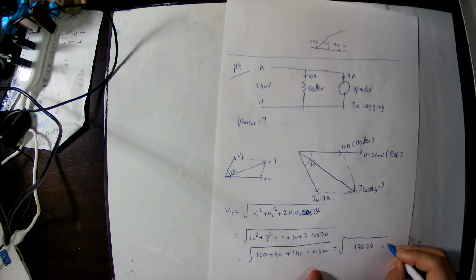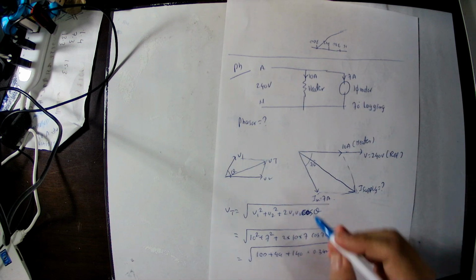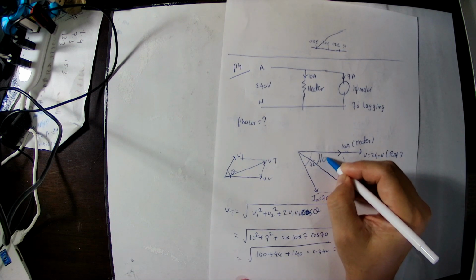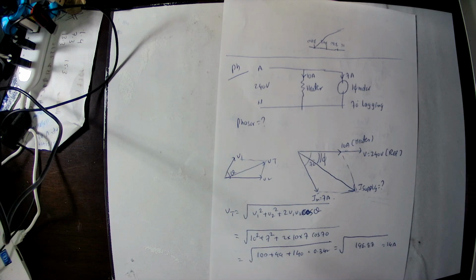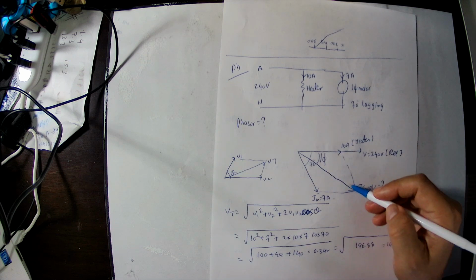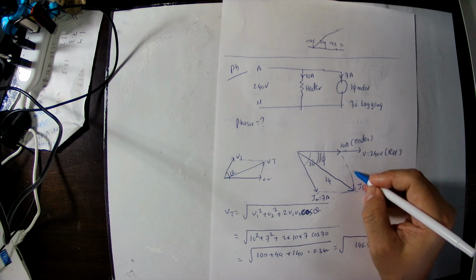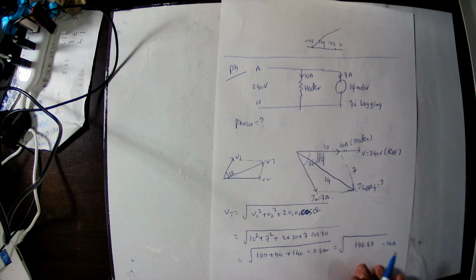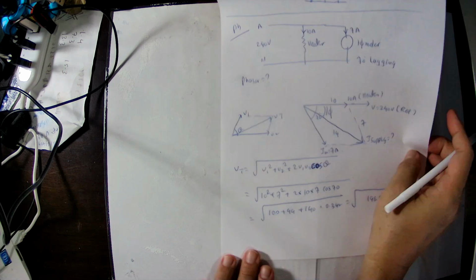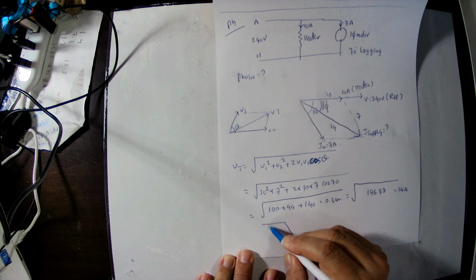14 ampere we got. And we also need to find this angle, angle phi. Now, this magnitude here we got 14 ampere. Here is 7. Here is 10. So this diagram. Here 70 degree.